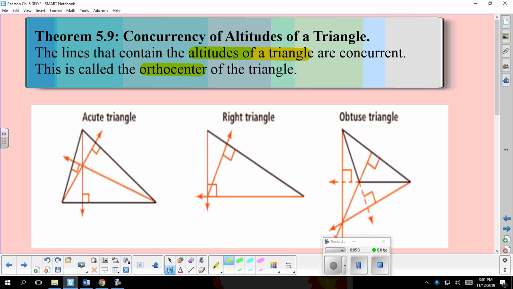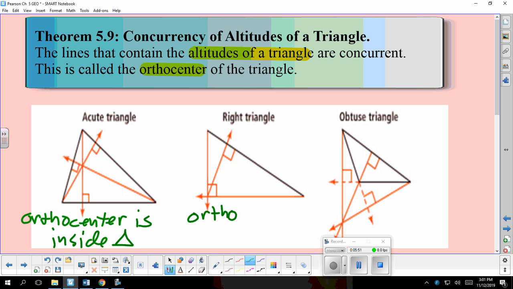So in an acute triangle, our orthocenter is inside the triangle. On a right triangle, the orthocenter is at the vertex of the right angle.